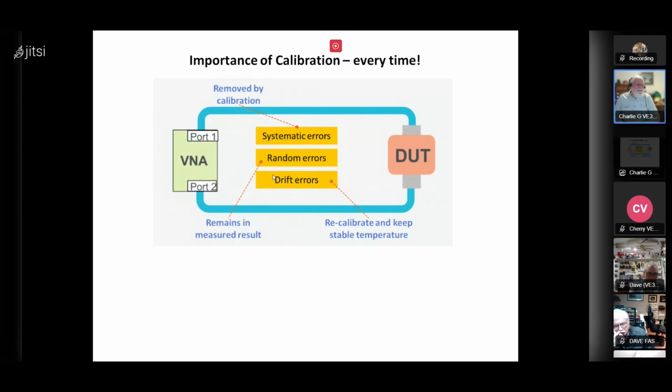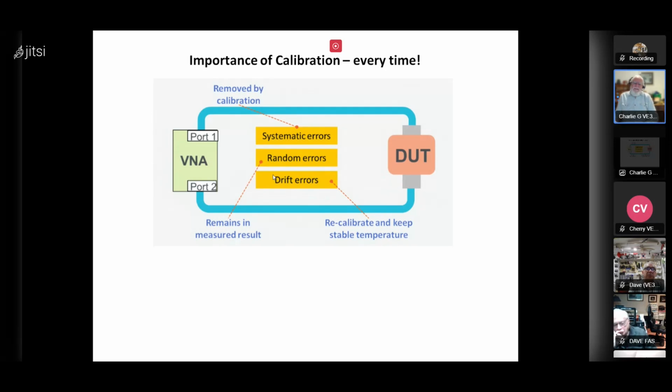If you're doing a measurement where the absolute values aren't really all that critical, you're just rechecking an antenna or something, you can probably get away with that. But if you're trying to do a real lab type measurement, you absolutely have to calibrate every single time you power that puppy up.